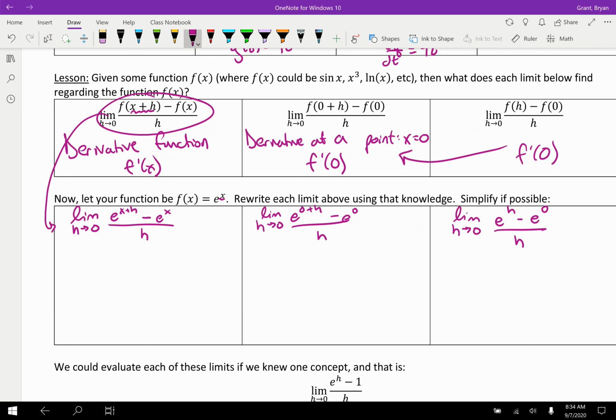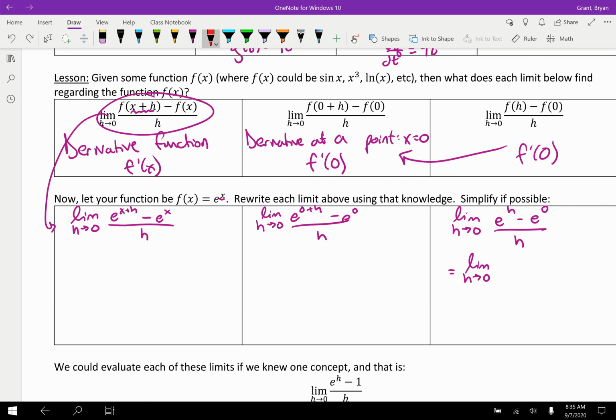Well, which of these can we simplify? Let's maybe start from the far right and then simplify to the left. This one isn't too bad. We have the limit as h approaches 0. Well, maybe we should think quickly, and you might not want to write this because I'm going to erase, about what would happen if we replaced all the h's with 0. We tried our direct substitution. Well, anything to the 0th is 1. 1 minus 1 is 0 over 0, indeterminate.